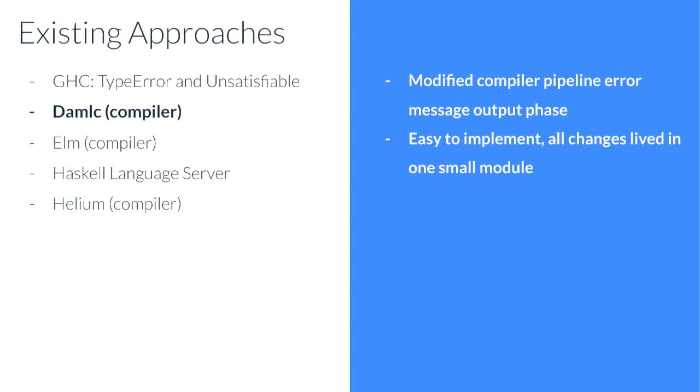So we went in and modified the compiler pipeline's error message output phase. It was really easy to implement. We added basically a module, and that was it, right? Now that's nice in the sense that you haven't made too many changes to GHC. So it fulfills that goal 5, but of course, you did have to compile in your logic. So you're not really going to get this to first years who are learning Haskell for the first time.